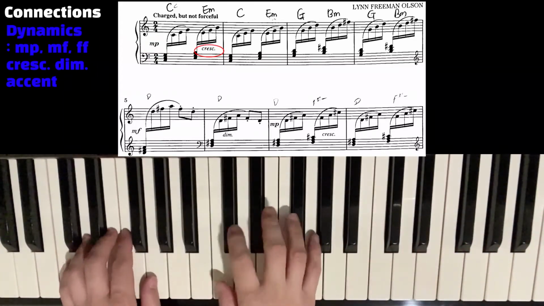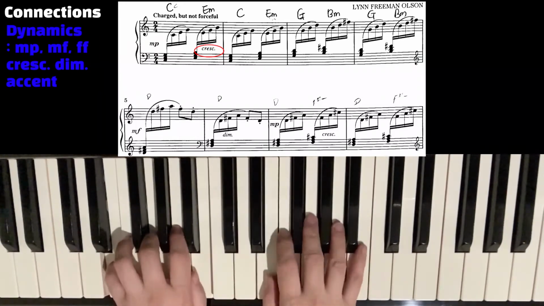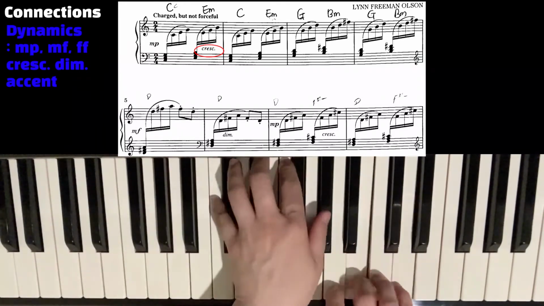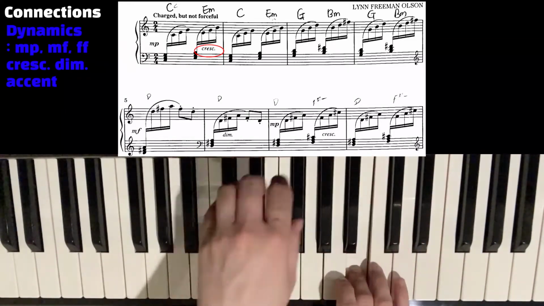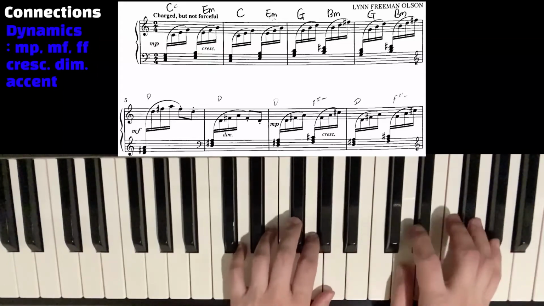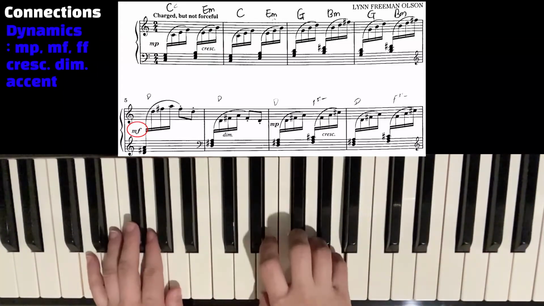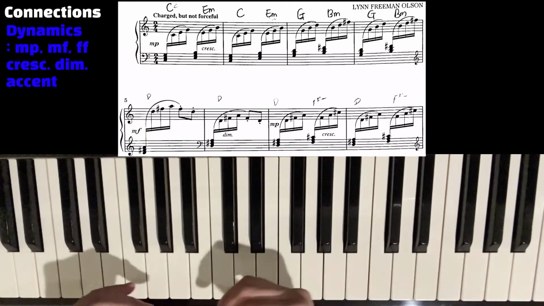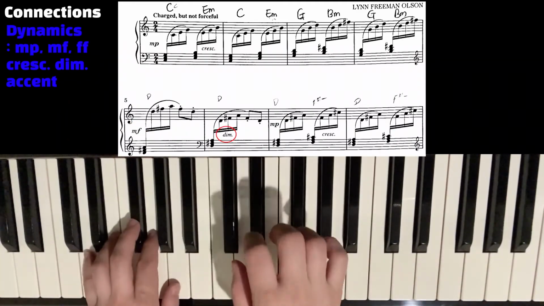So you increase the volume as you go up, and then reach mezzo forte. When you go down, it has a diminuendo.